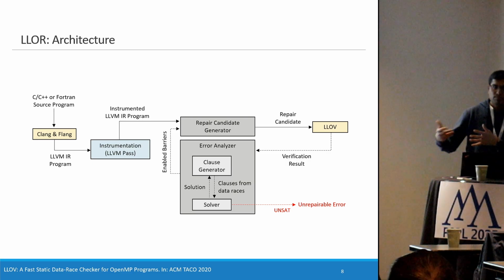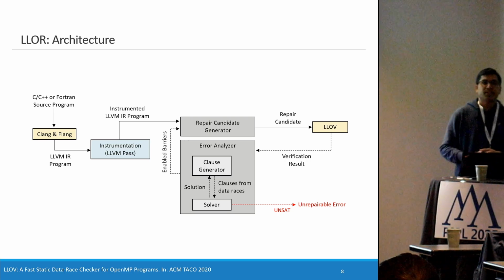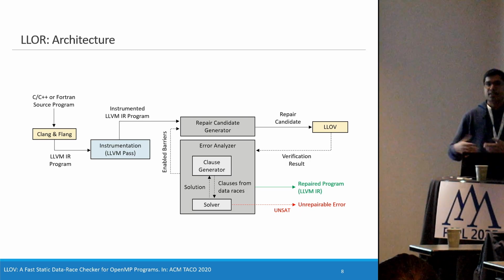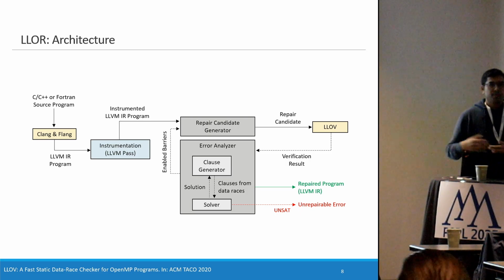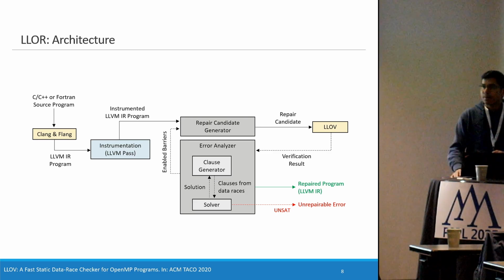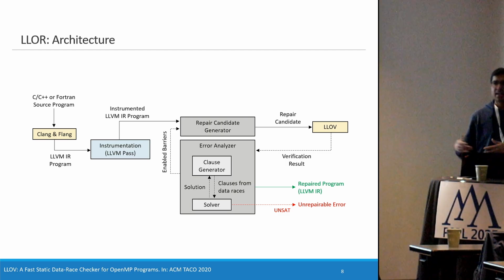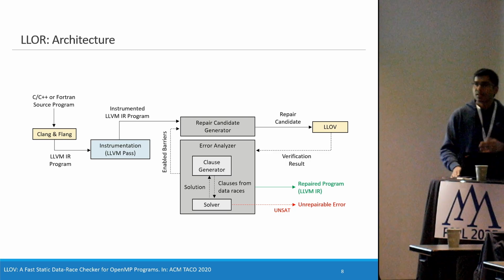Then if LLOV reports that there are no data races, we say that the program has been repaired, and we generate the source location where the barrier should be placed to fix the program. We also generate the correct program in LLVM-IR, which can be compiled.